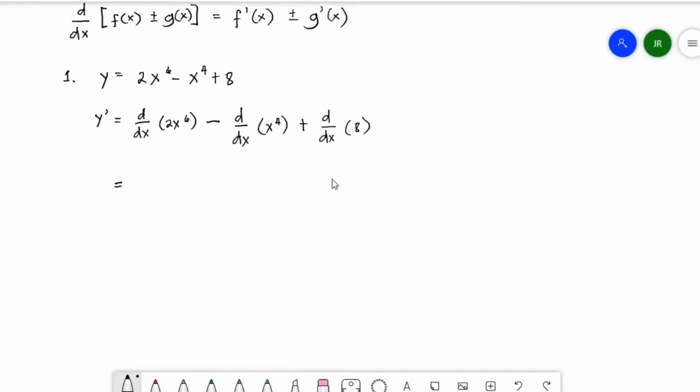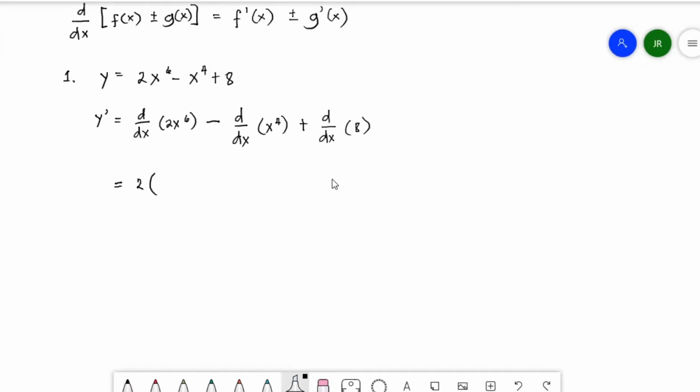Sa first term, pwede nating i-apply si constant multiple rule. Ilabas si 2, then kunin yung derivative ni x to the 6th power. So that is 2 multiplied by yung derivative ni x to the 6th power.